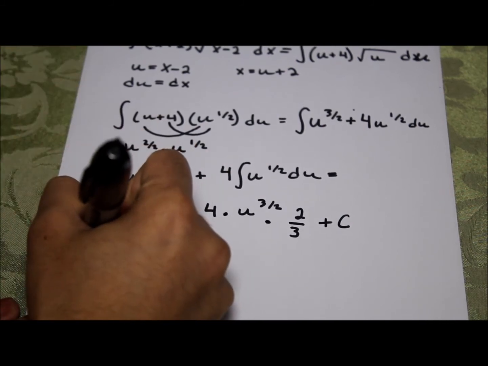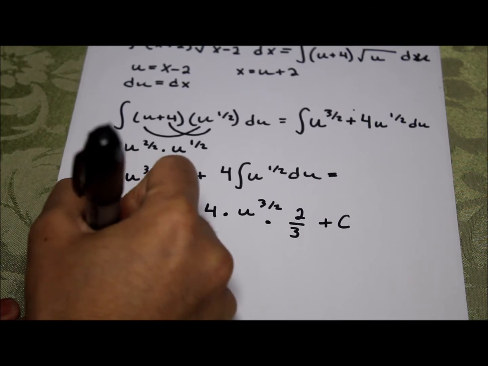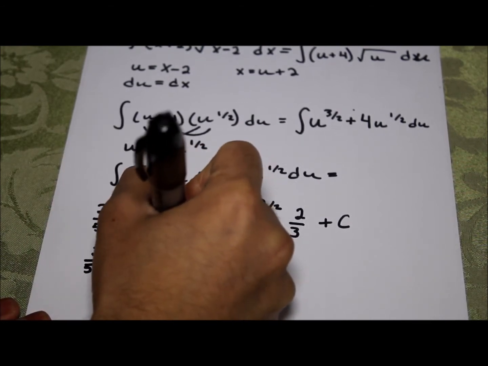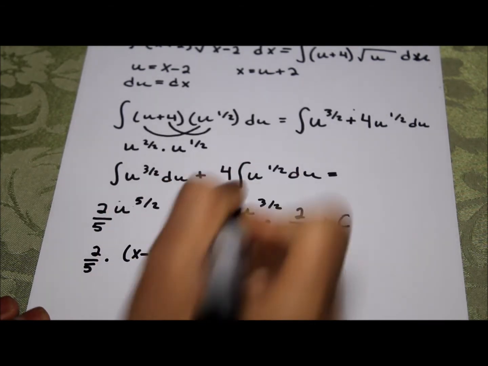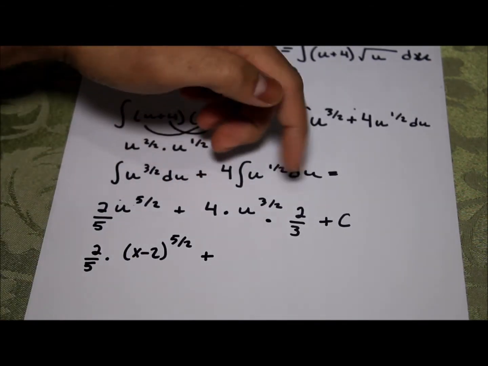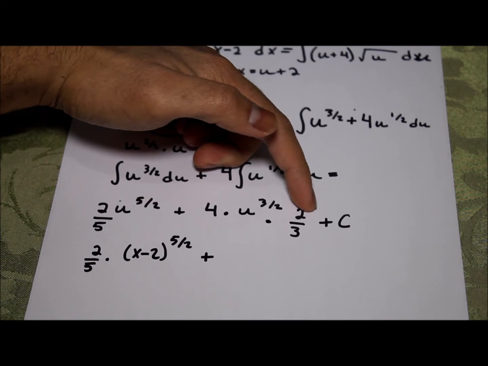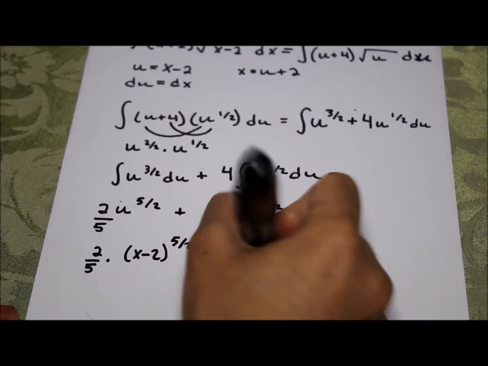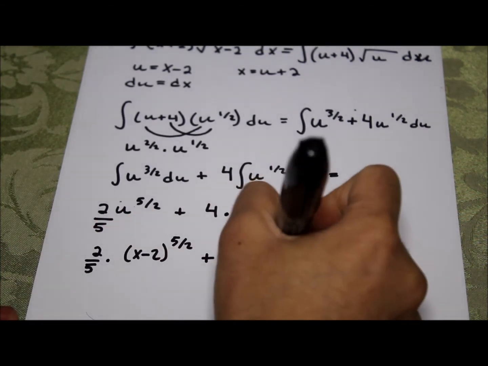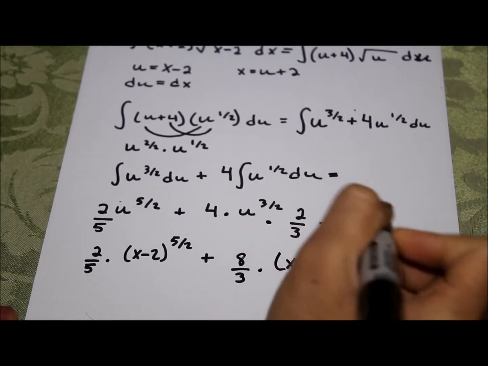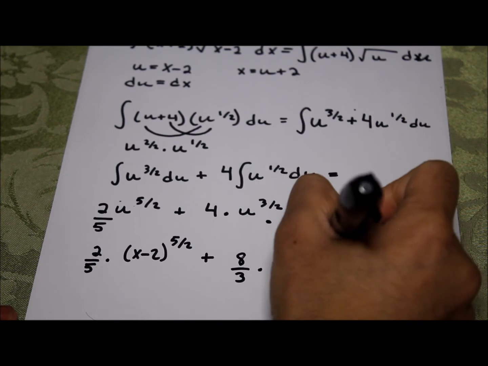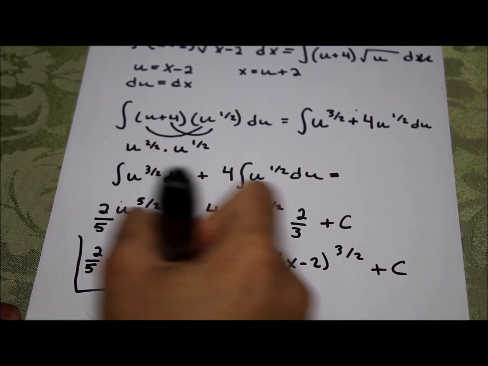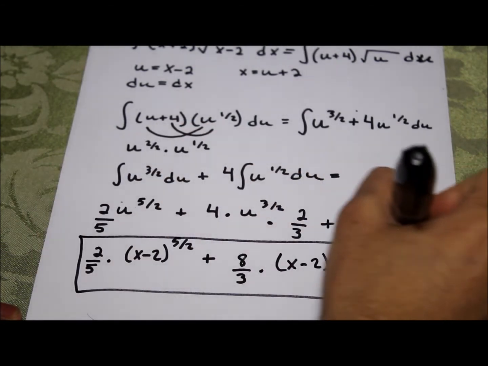So we have 2/5 times x minus 2 raised to the 5 halves plus, now we want to multiply 4 times 2 divided by 3, so that's 8 divided by 3 times x minus 2 raised to the 3 divided by 2 plus c. And that is the final answer for that problem.